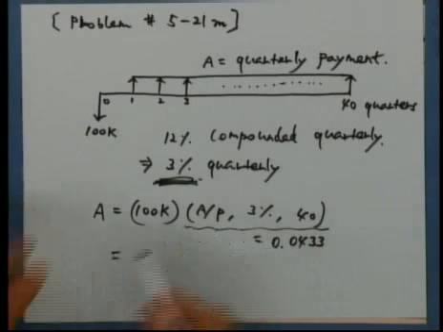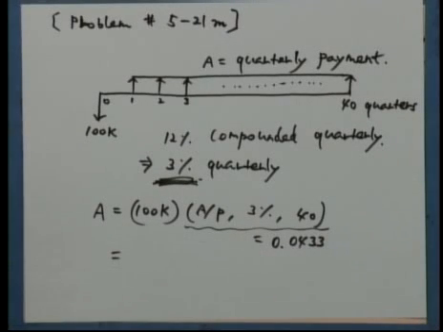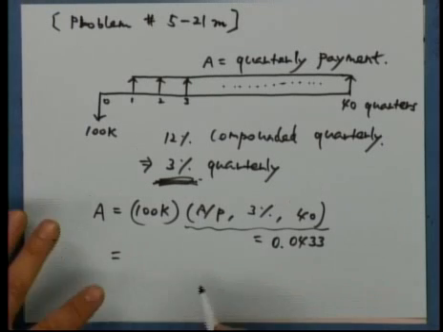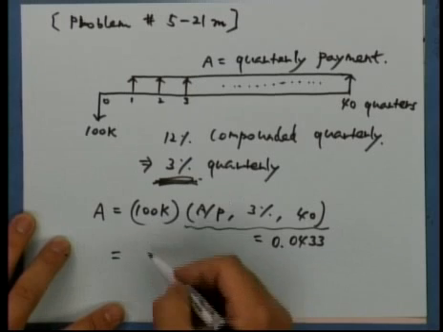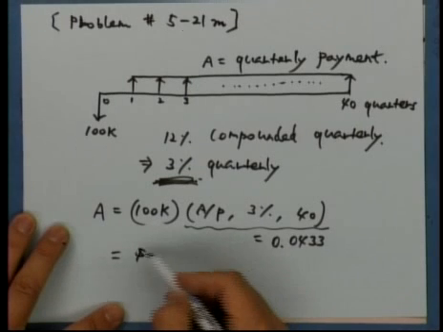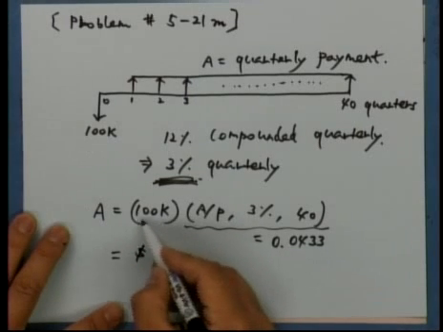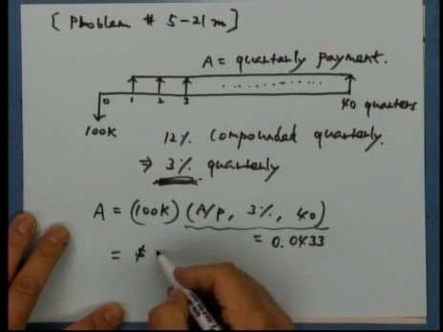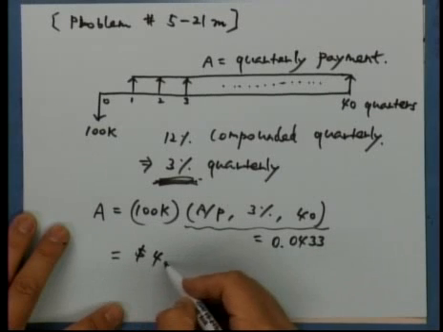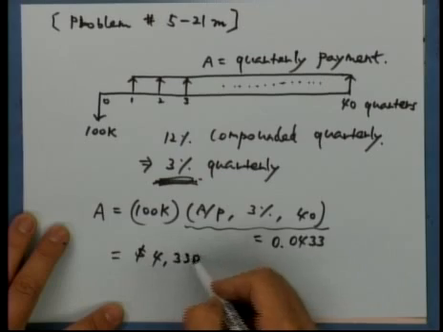Okay, so how much is that? We just simply multiply by 100,000. So it's going to be $4,330. Okay.